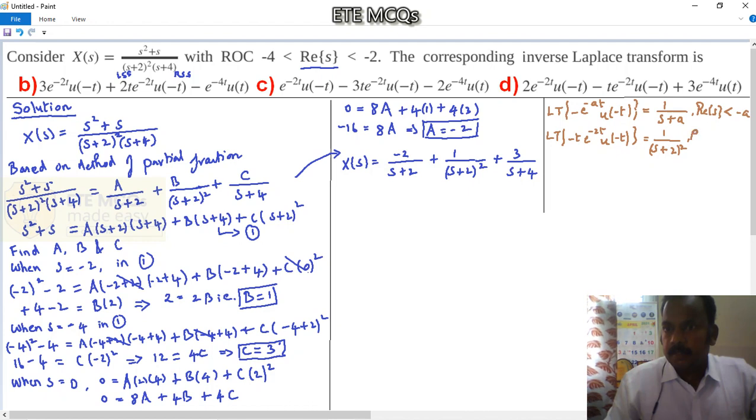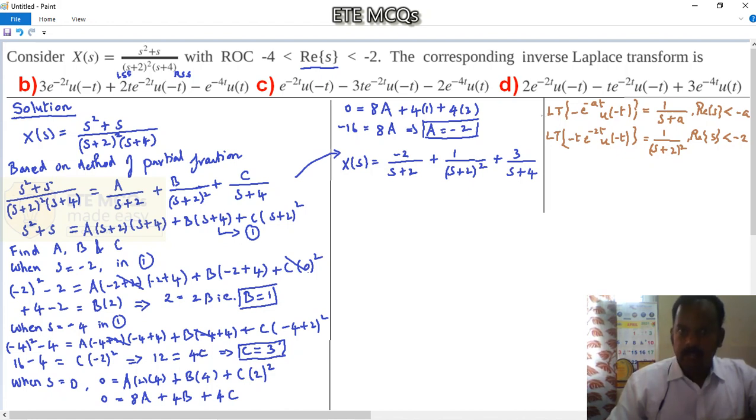So the respective ROC will be real part of s less than minus 2. So this is your respective Laplace transformation of minus t into e power minus 2t into u of minus t, which is 1 by s plus 2 the whole squared, and its ROC is real part of s less than minus 2.